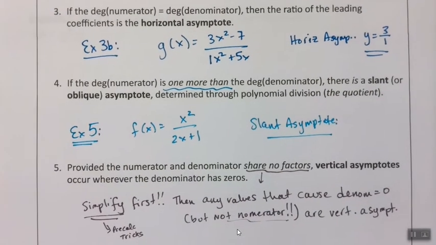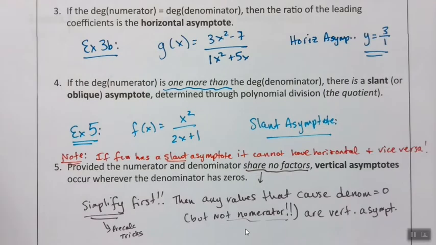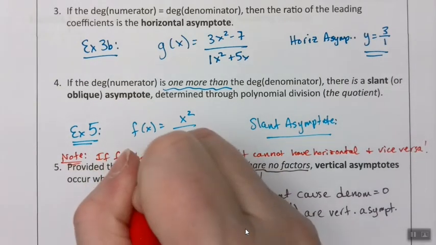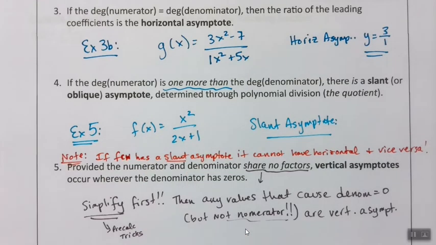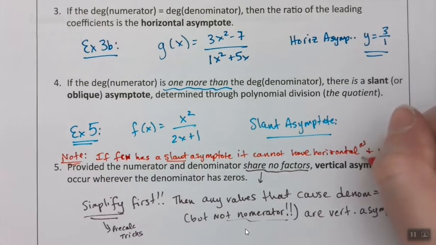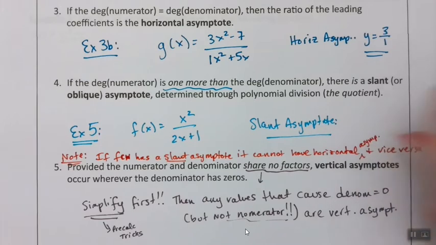So if it has a slant asymptote, it cannot have a horizontal, and vice versa. I'll make a note of that. There, I just added that little note into that page. So if a function has a slant asymptote, it cannot have a horizontal asymptote, and vice versa. Right. So if it has a horizontal, it can't have a slant. If it has a slant, it can't have a horizontal.